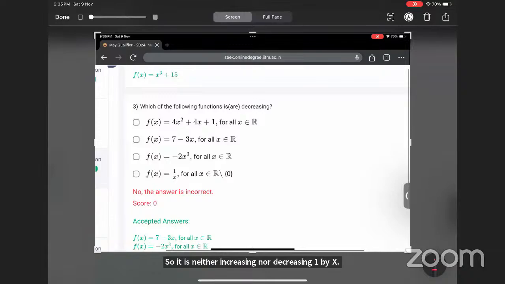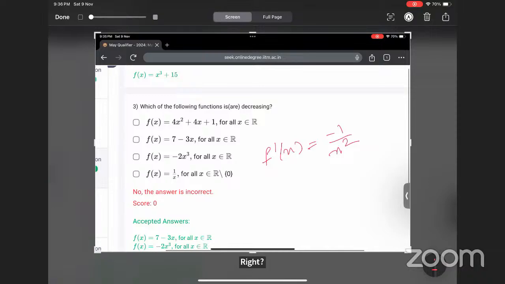But you can also calculate the derivative: f dash x will be minus 1 by x square, right? So if you take x greater than 0, it will always be less than 0, right? So it should be decreasing. I mean, wait.